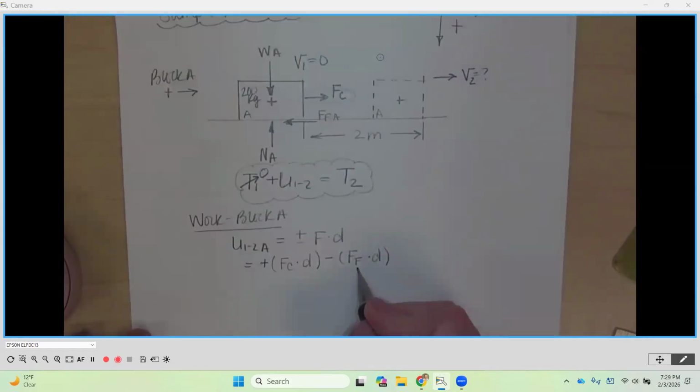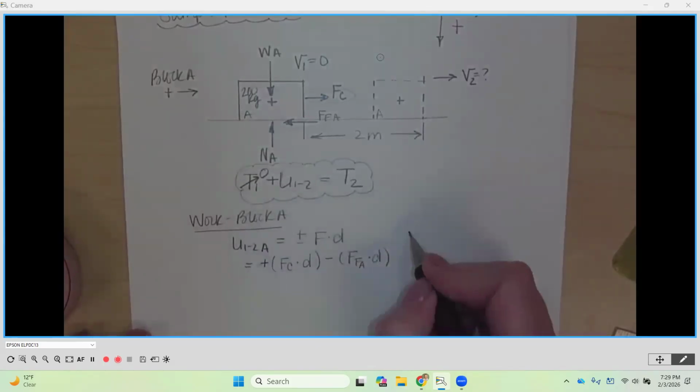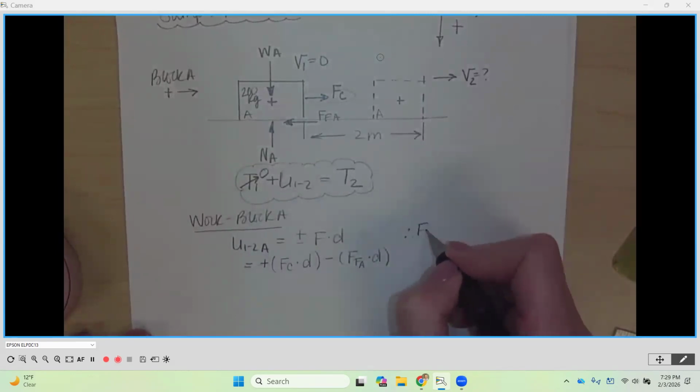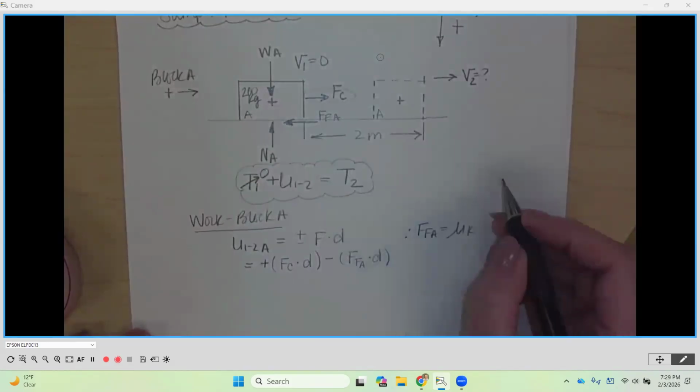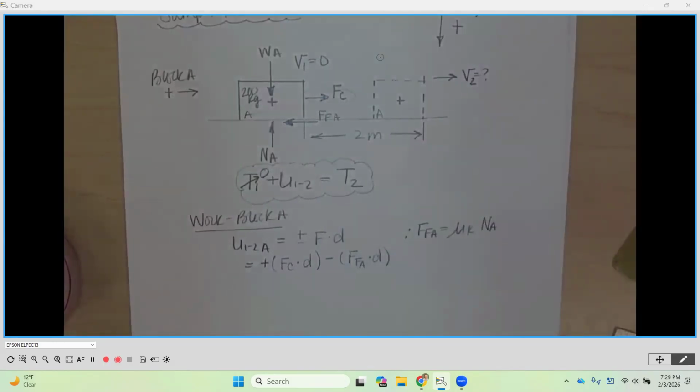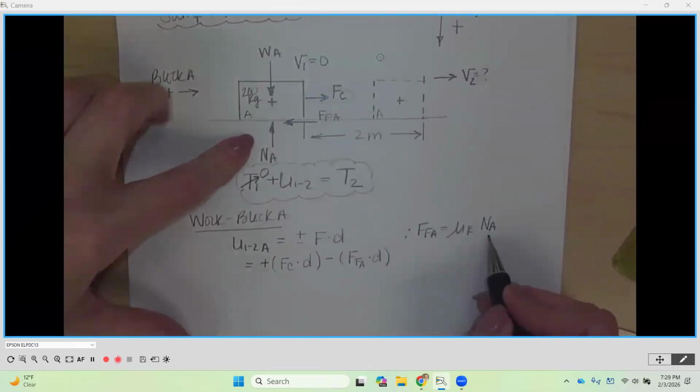Now, friction force, and I should put A underneath here, FFA. Friction force is going to be your coefficient of friction times your normal force. So over here, my friction force at A is going to be equal to the kinetic coefficient of friction times the normal force at A. Now, the normal force at A, we don't know its value.